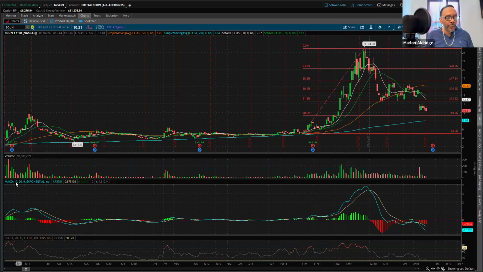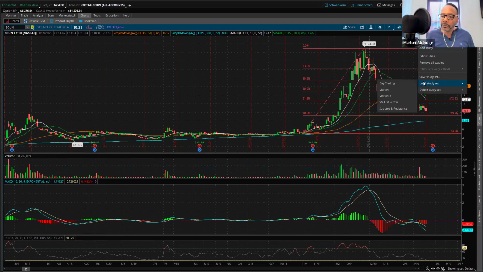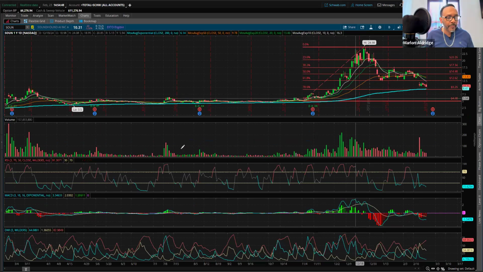If we want to do day trading, I'm going to use something other than the 12, the 26, and the 9. I do have a study or indicator for day trading, and as you can see, I have a study here that I've created for day trading. Watch those values for the MACD and the RSI. I'm going to take them down to a period of 3 days.